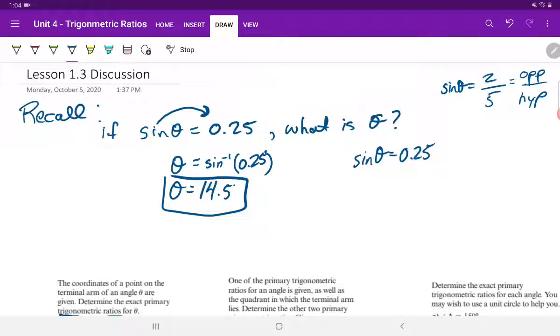Well, when you just see a 0.25 here, all this is really a fraction over 1. And what it's saying is that the opposite side is 4 times smaller than the hypotenuse.